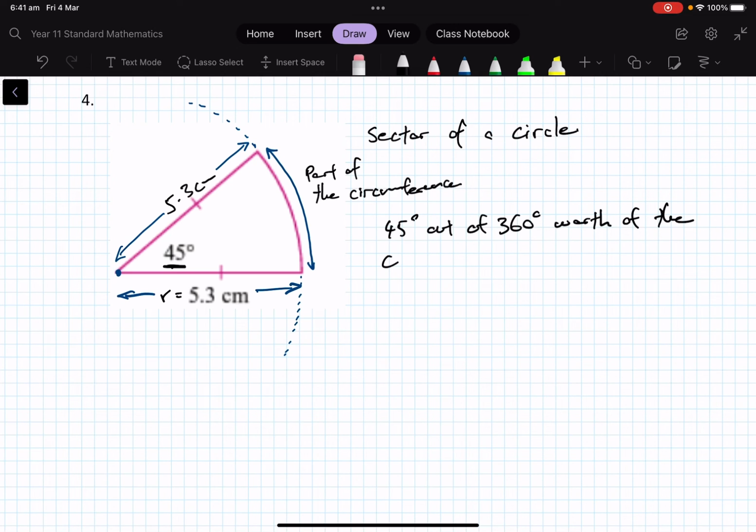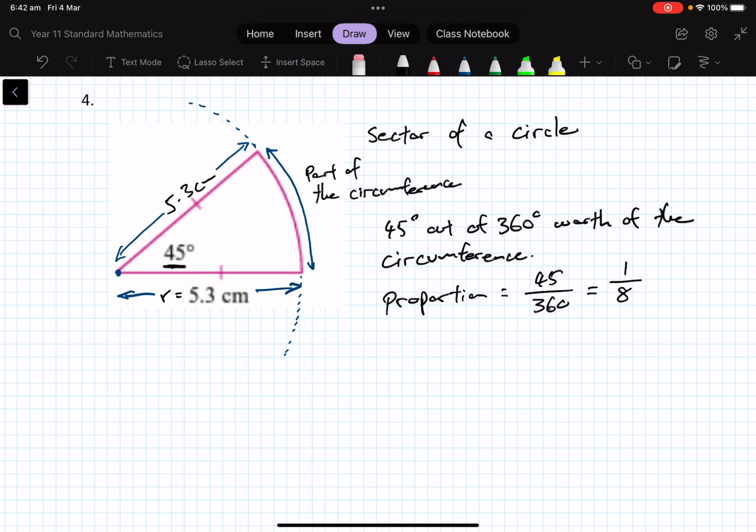And that's a fraction problem. If I know I have 45 degrees out of 360, then I need to work that out. So the proportion is equal to 45 over 360, and that's equal to 1/8. This would apply for all those kinds of things.